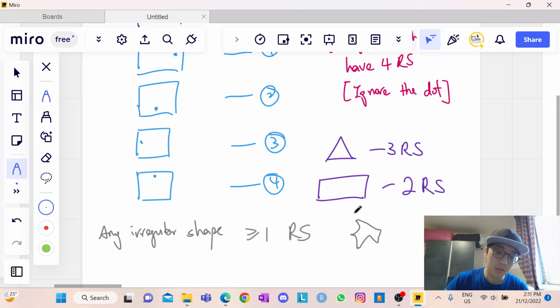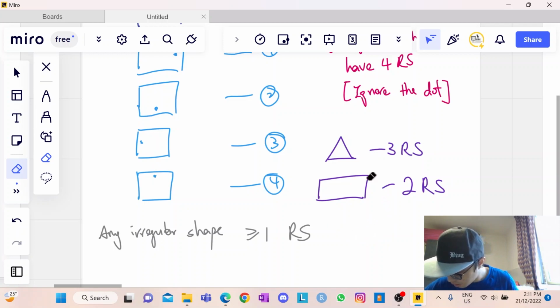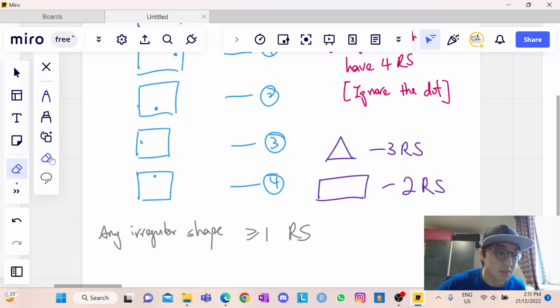But you need to remember, when you turn 360 degrees and you get back the original position, that is counted as 1 rotational symmetry. Therefore, any shape will have at least 1 rotational symmetry. That's the conclusion. So after that, let us move on to line symmetry.